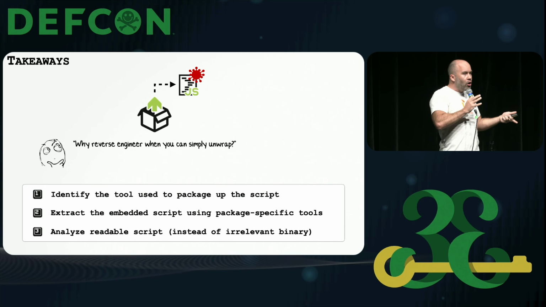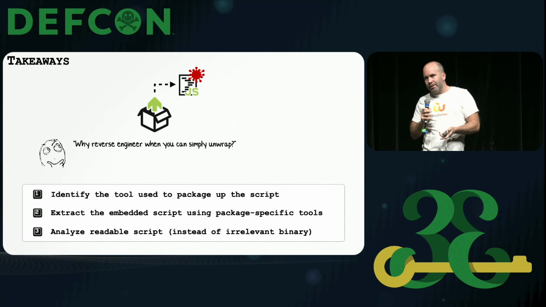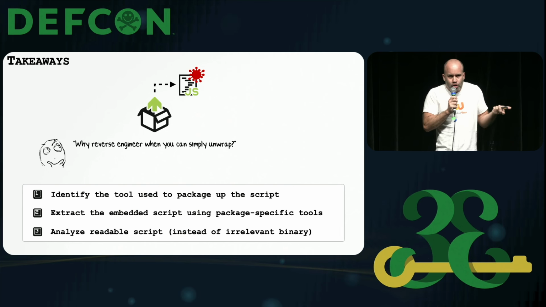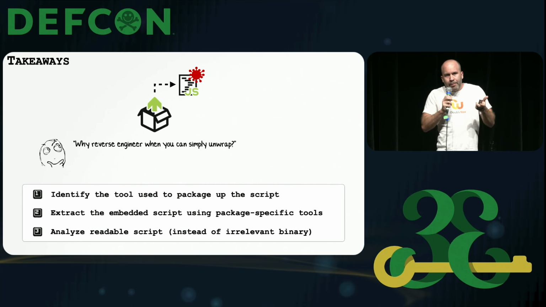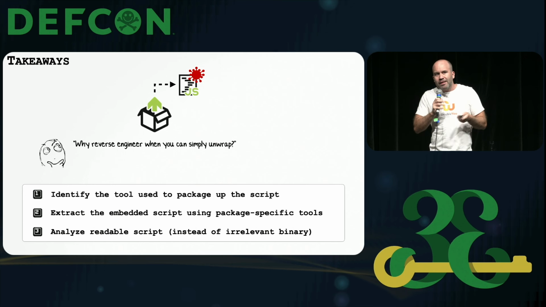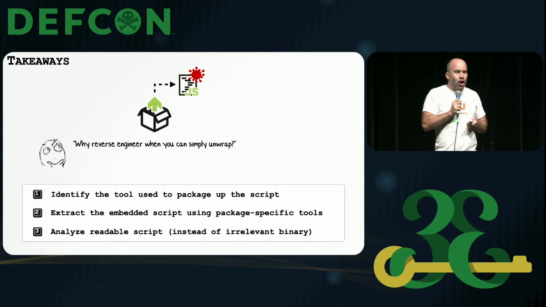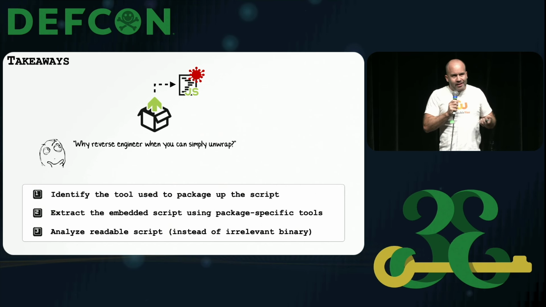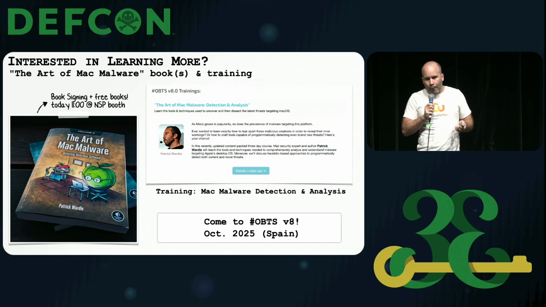The end result is that you will now have a script that, A, is trivial to understand, it's human readable, but B, is going to be the component you want to analyze because that's where the malicious logic is actually stored. And again, you don't want to spend any time on the binary because not only is it irrelevant, it's not going to contain any malicious code either.